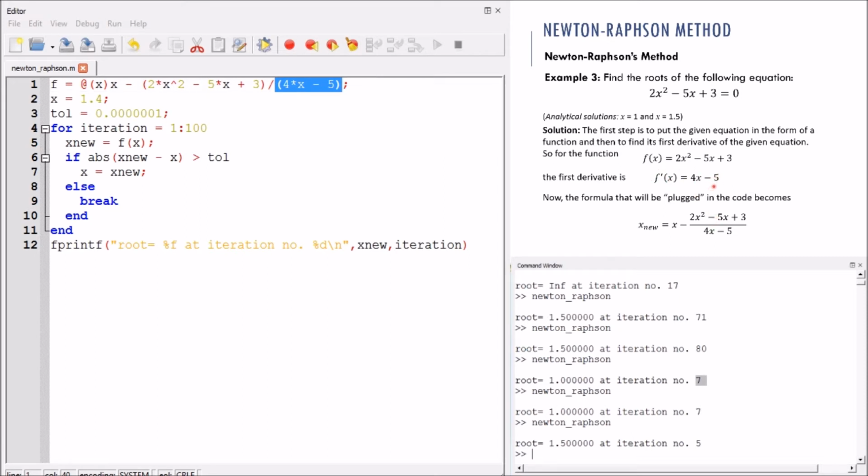If we don't want to find the first derivative, if we want to make a function or script which takes the given function and computes the roots according to the initial guess, without the need to find the first derivative, then in this case we had better use another numerical method to find this derivative.